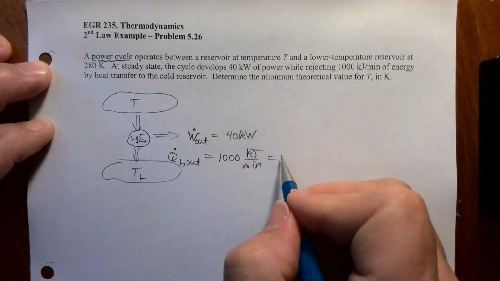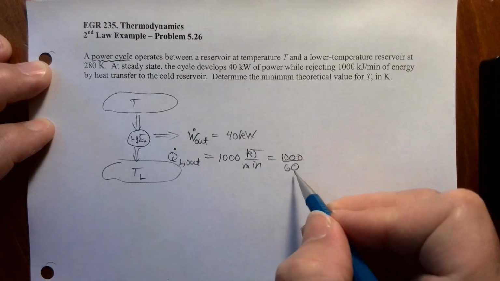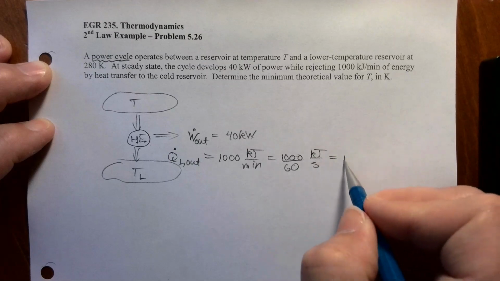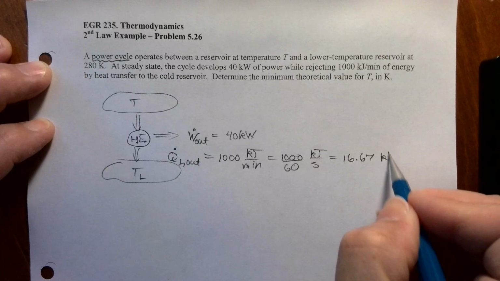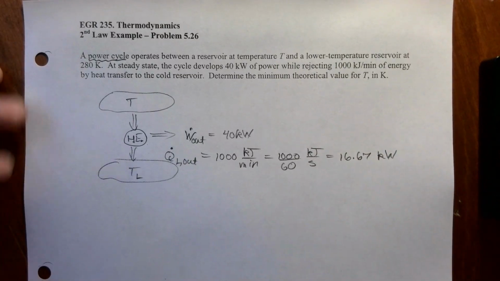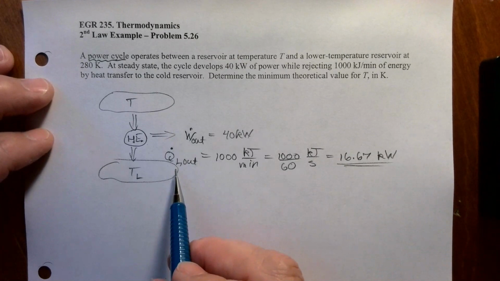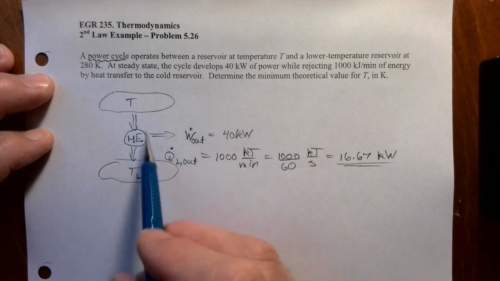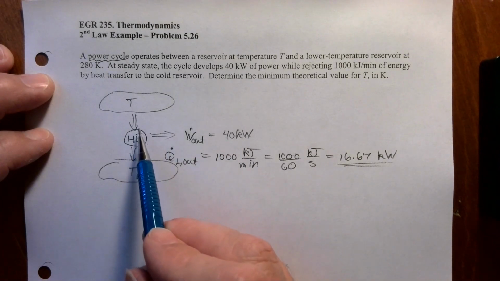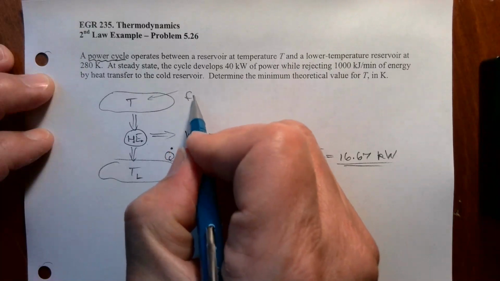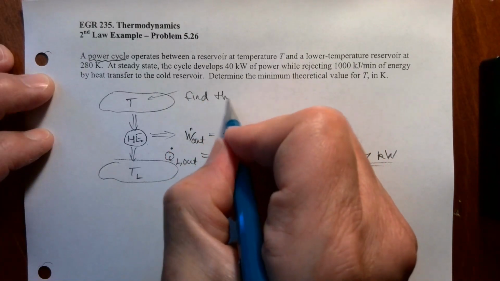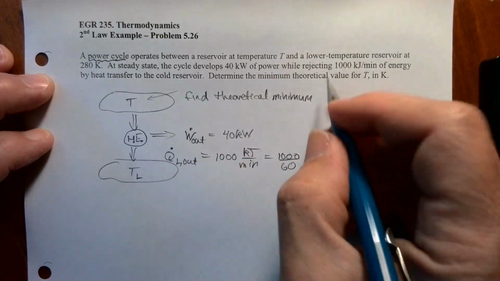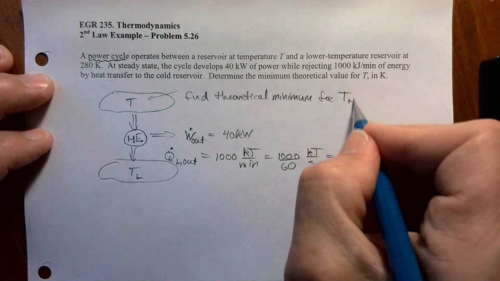I would immediately convert that to 1000 divided by 60 seconds in every minute, kilojoules per second. So that ends up being 16.67 kilowatts. For QL out, W dot out is 40 kilowatts, so we could do an energy balance to figure out what must be the Q coming in as well. They're asking us to find the theoretical minimum for this TH.